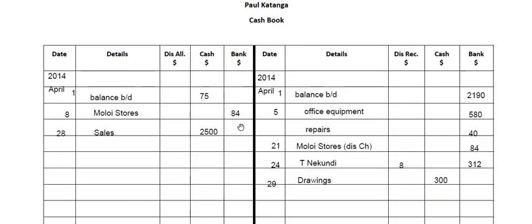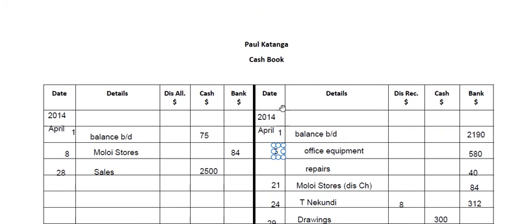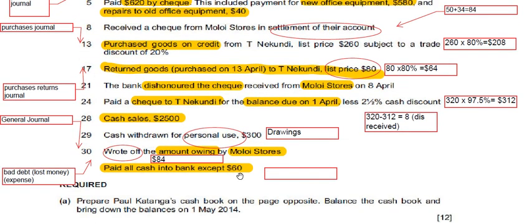And on the other side there is $300 of cash. So the cash we have is 75 plus 2,500 minus the 300. So we have 2275. But out of this 2275, we just want to keep 60 with us, so we'll minus 60 from this, and 2215 will be deposited in the bank.